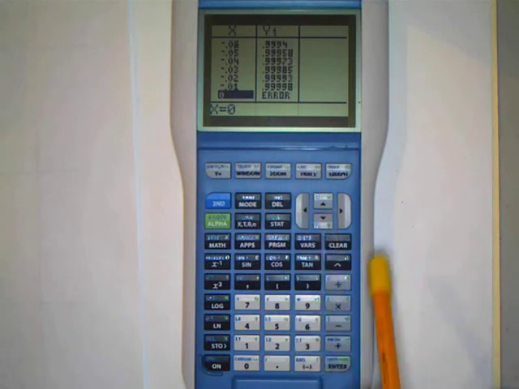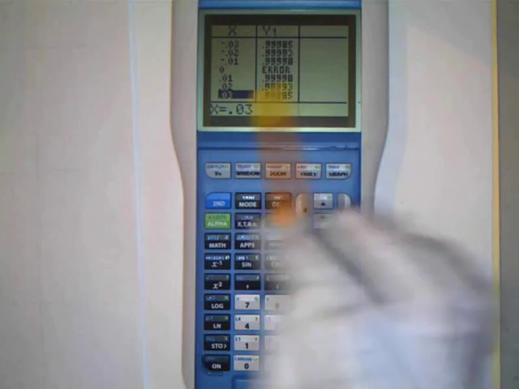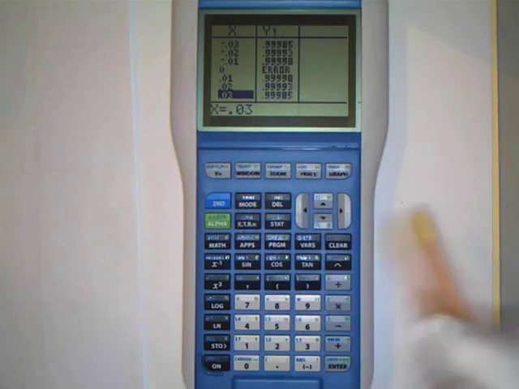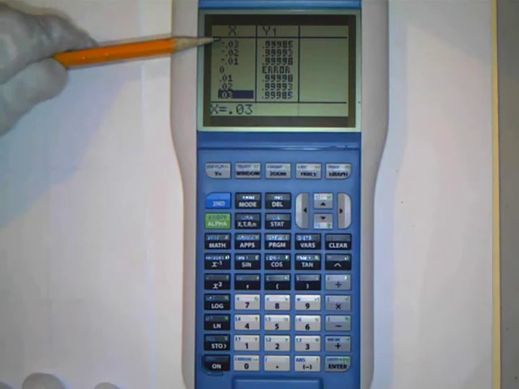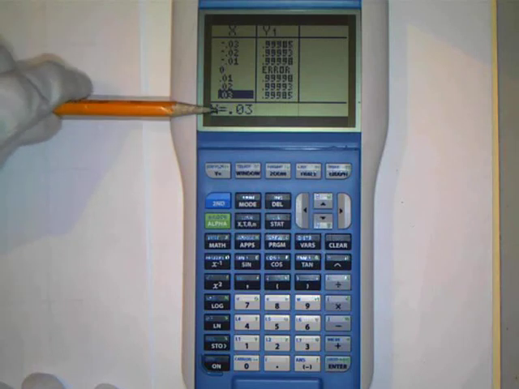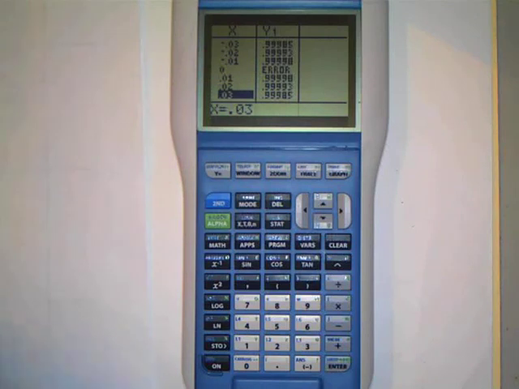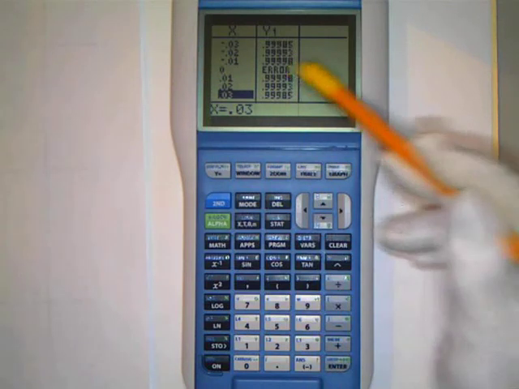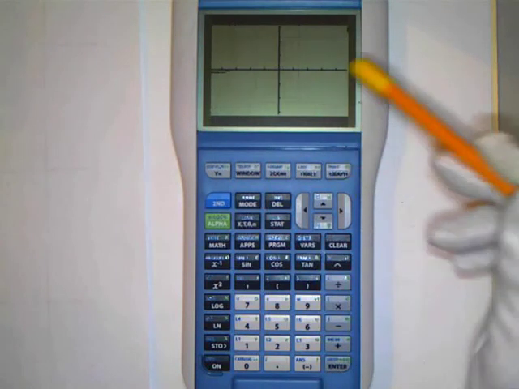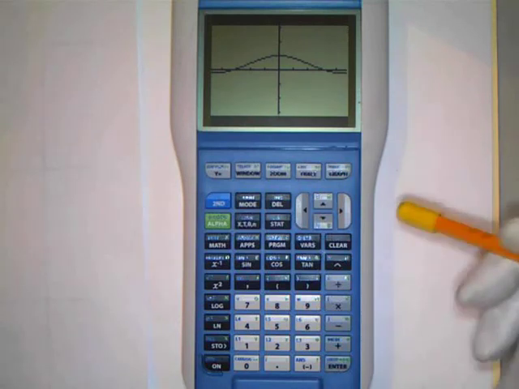There I have my error at 0, and then I can look at 1/100th, 2/100ths, 3/100ths on either side, in the negative direction or the positive direction, and we're approaching 1, very close to 1, and you look on the graph, you can see how we're approaching 1 from both sides.